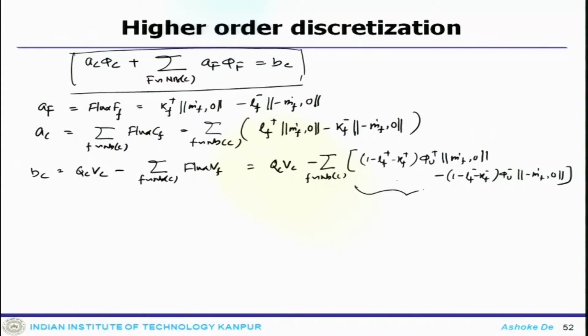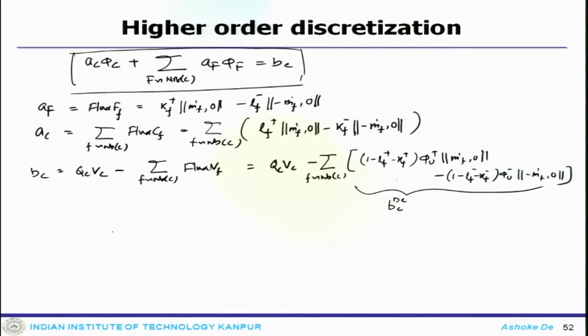So, this is the term which is due to deferred correction, or the source term due to deferred corrections. So, that is how in your NWF formulation the discretized variables would look like, and they would appear in the discretized system.